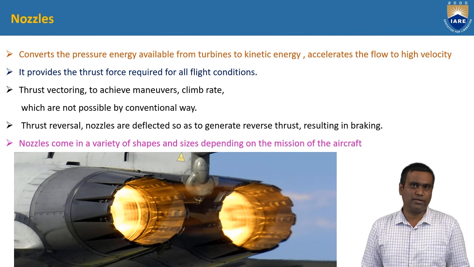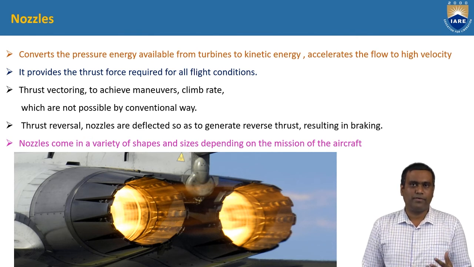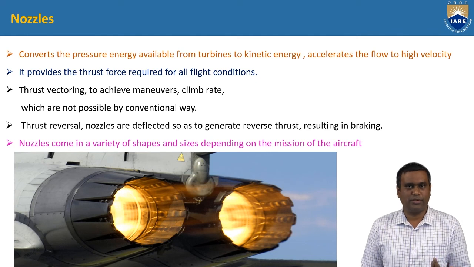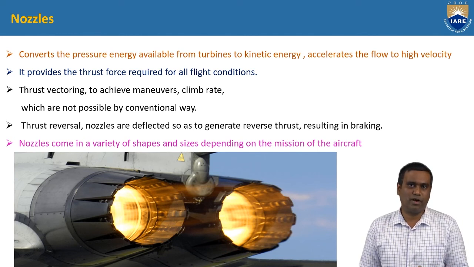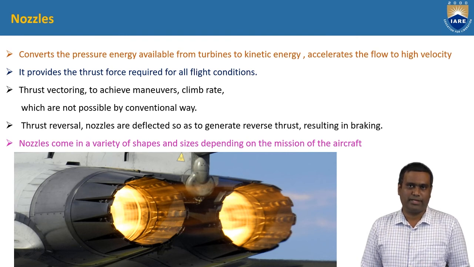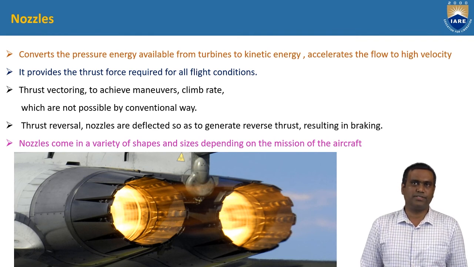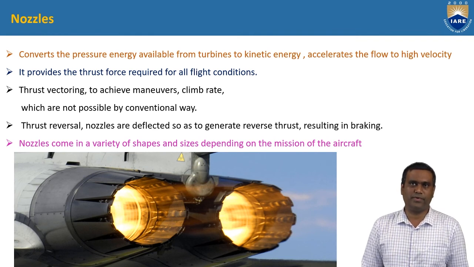The other one is thrust reversal. As the name says, it is reverse thrust, in the opposite direction, which helps in braking and slowing down the aircraft. Right? These are the additional functions of nozzles: thrust vectoring and thrust reversal.